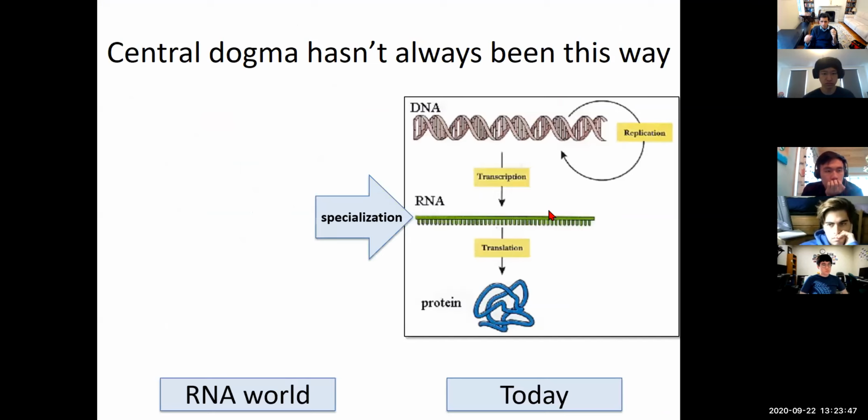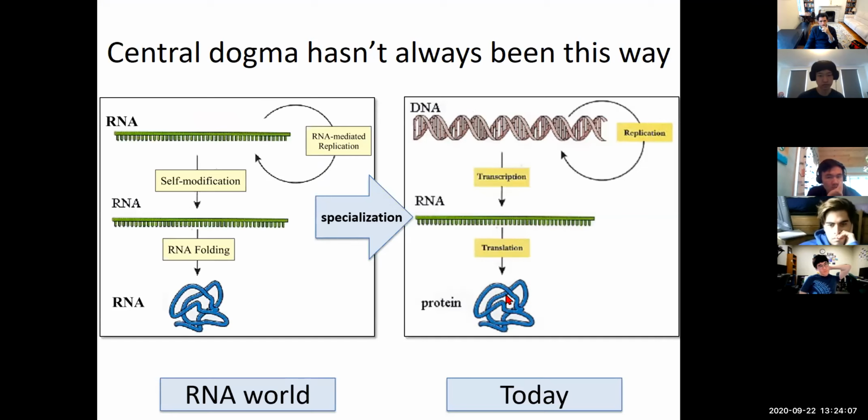So the message that I'm trying to get across to you guys is that RNA, in fact, precedes all of the other machinery that we are used to today. So in today's world, we have DNA makes RNA makes protein, and that's our current central dogma. But in the RNA world, we basically had RNA makes RNA.